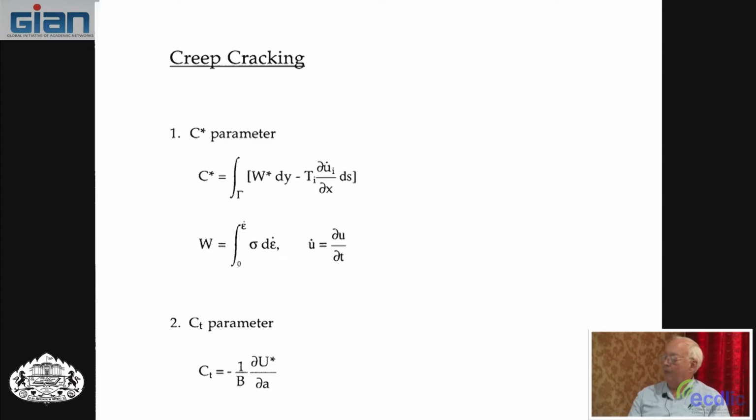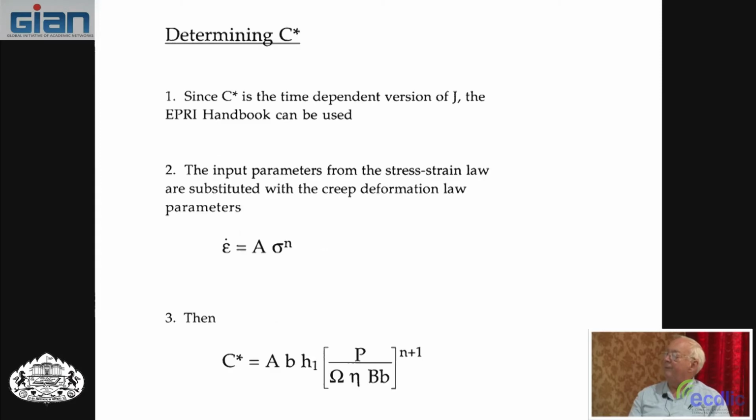Another parameter that's similar was developed called the CT parameter, and it is an energy rate rather than an energy, a time derivative with crack length. This is like the J, except that again all the strains and displacements have time derivatives in them. Since there's an analogy to plasticity, the C star is often calculated using the J handbook.